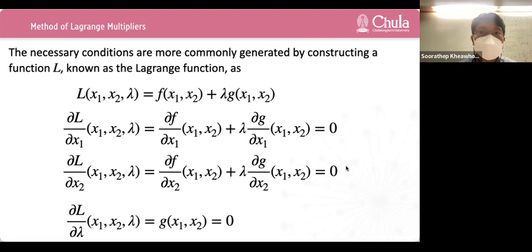We discussed previously that the partial derivative in all directions must be 0. The last one is interesting, because the partial derivative of the Lagrange function with respect to the Lagrange multiplier gives us the constraint. So the constraint must be 0, to guarantee the feasibility.